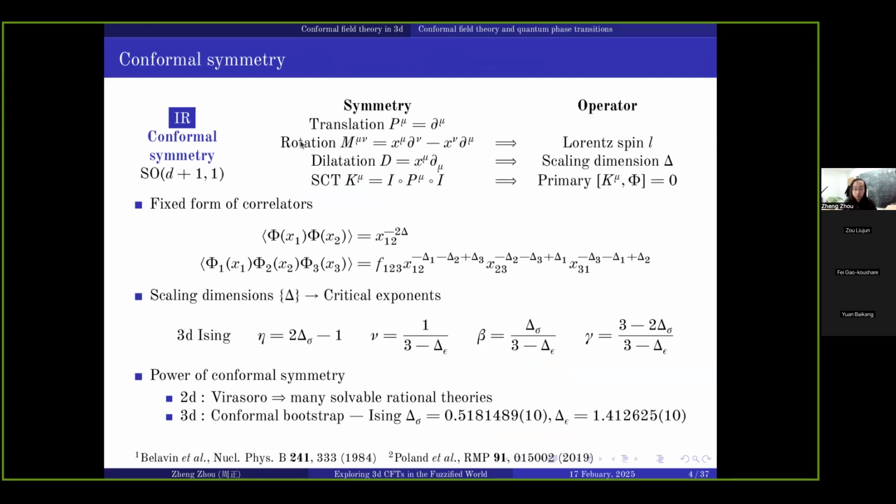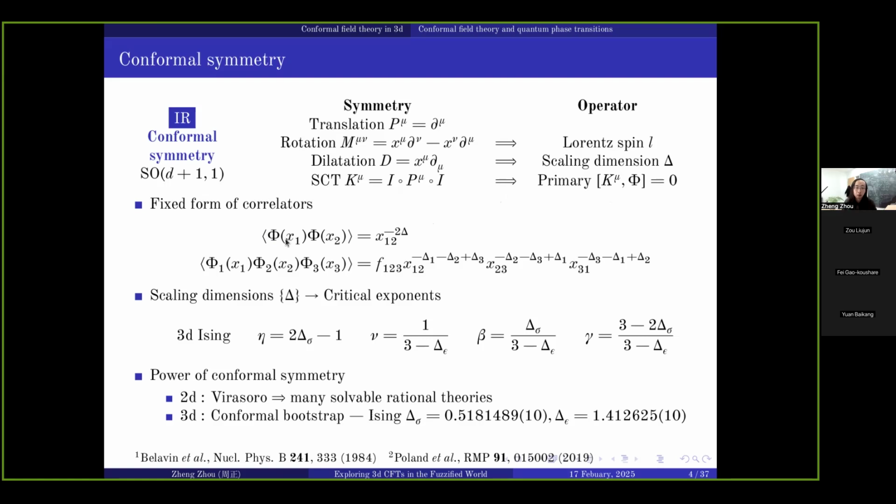These symmetries, in turn, cast very strong constraints on the operators. For example, each operator must carry a certain Lorentz spin under the SO(d) rotation and a scaling dimension under dilatation. Moreover, the SCT singles out a special kind of operator called the primaries, which are invariant under the special conformal transformation.